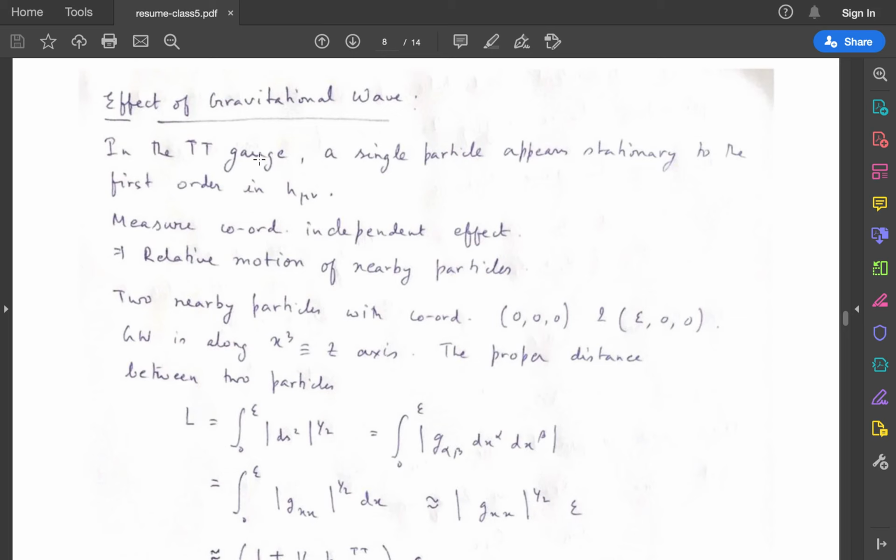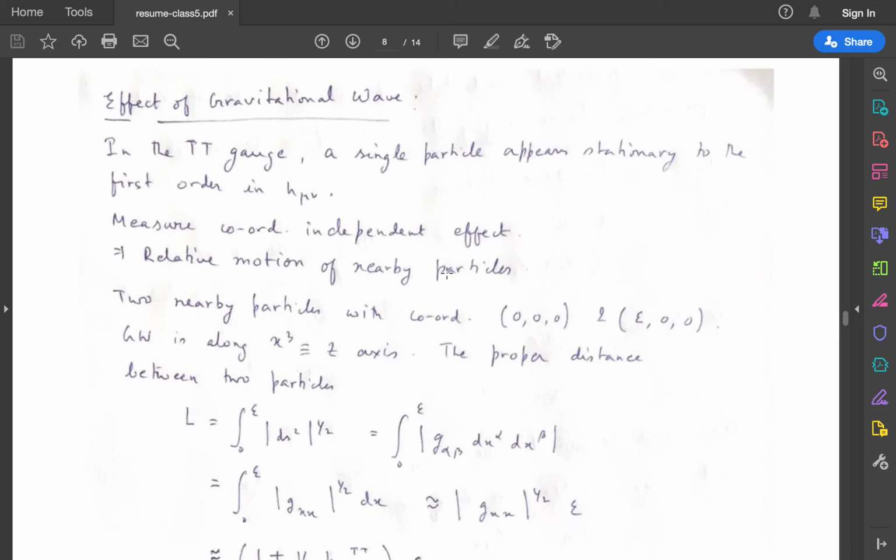So the effect of gravitational wave cannot be understood if I look at a single particle. Therefore what we should have is a coordinate independent measure. We should measure a coordinate independent effect if I want to find the effect of gravitational wave. So what we can do is look at the relative motion of nearby particles.